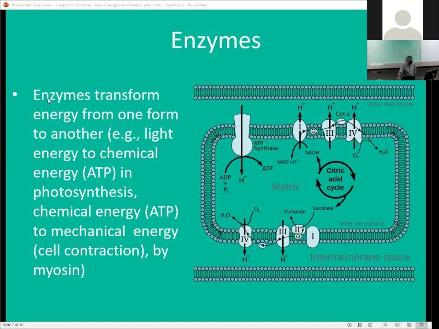So enzymes transform energy from one form to the other, so we can get from light to chemical energy in the form of ATP, and then from ATP to mechanical energy in the case of a contracting muscle.